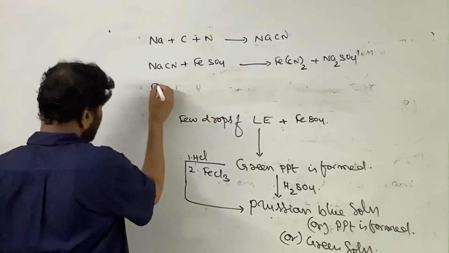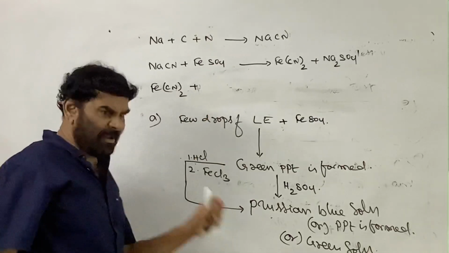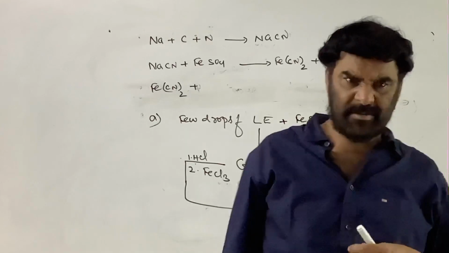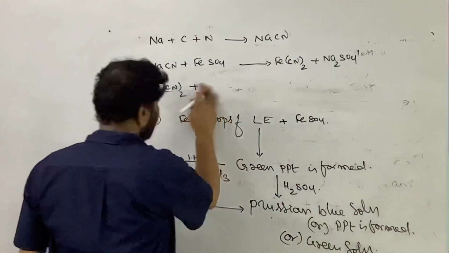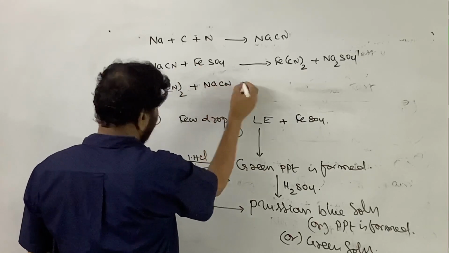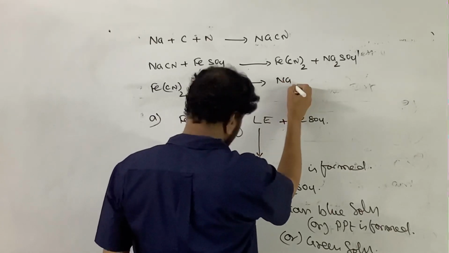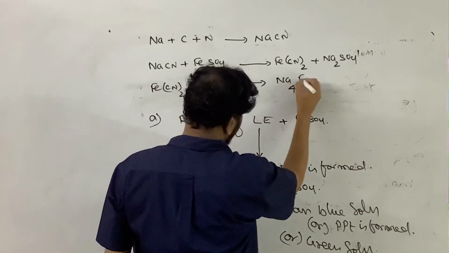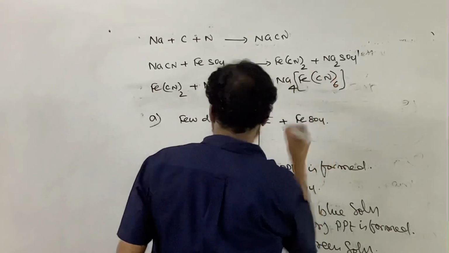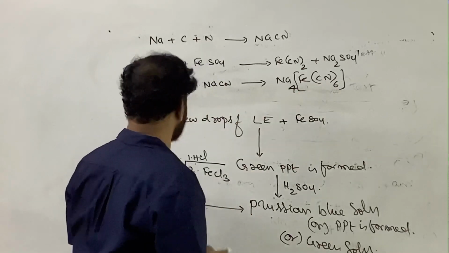This ferrous cyanide further reacts; the ferrous ion has a great tendency to form a complex with the cyanide ion, which is a strong field ligand. It reacts with excess sodium cyanide to give Na4[Fe(CN)6]. Four more molecules of sodium cyanide react to form this complex.